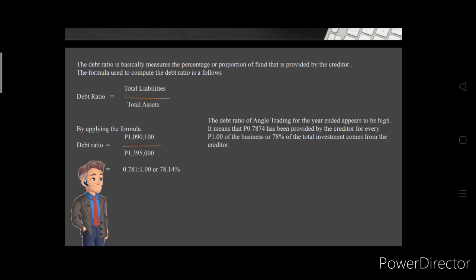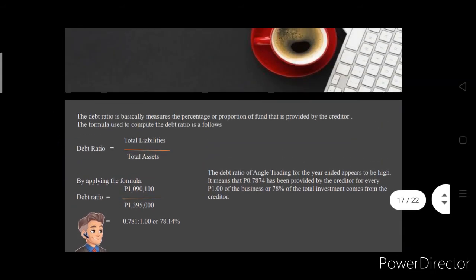The debt ratio of Angle Trading for the year ended appears to be high. It means that 0.7814 pesos has been provided by the creditor for every 1 peso of the business, or 78% of the total investment comes from the creditor. Next reporter.